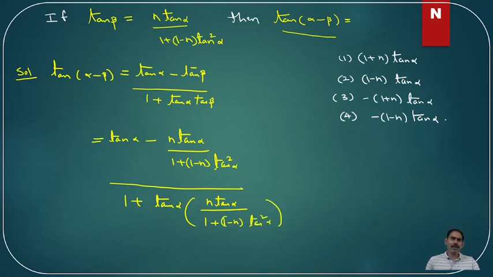Now take LCM as 1 plus 1 minus n into tan square alpha in numerator and denominator. Here multiplying tan alpha into this one, and here 1 into n tan alpha. Denominator also LCM is 1 plus 1 minus n into tan square alpha.